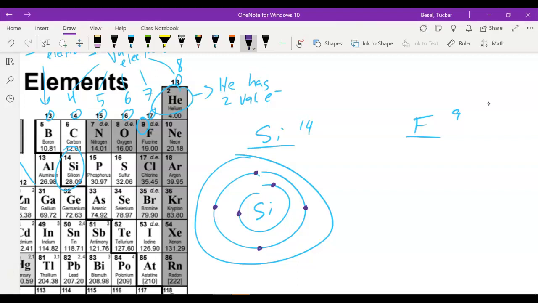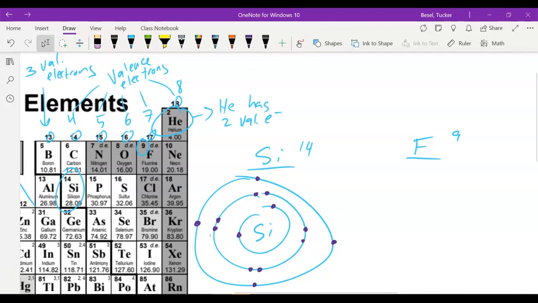But now I need to start pairing up because I have 4 in the second energy level. 6, 7, 8, 9, 10. Now I need to go to the third energy level because I got 1, 2, 3, 4, 5, 6, 7, 8 in that second one. So 10, 11, 12, 13, 14.